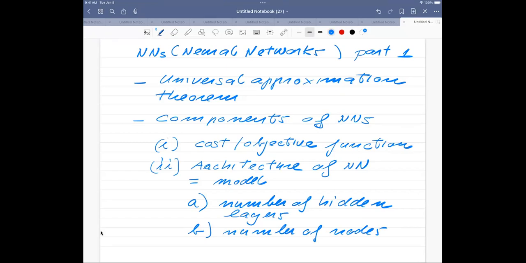They have a function which modulates in some way the data you send in, and it produces an output. This modulation function is normally called an activation function. So let's put this up: the number of nodes in a hidden layer. And you can have different hidden layers and a different number of nodes in each layer.